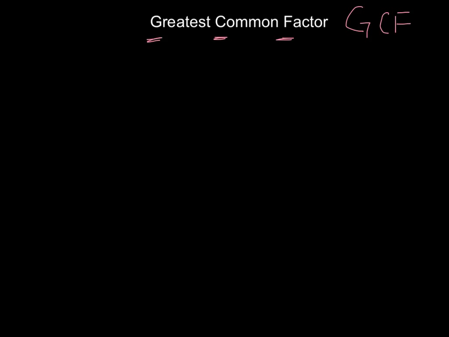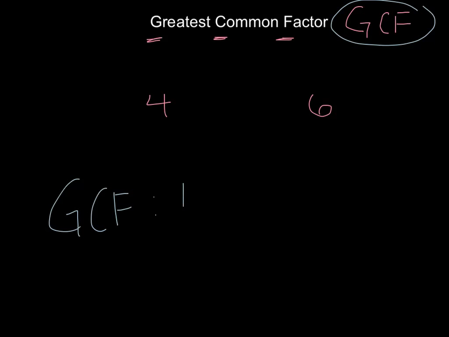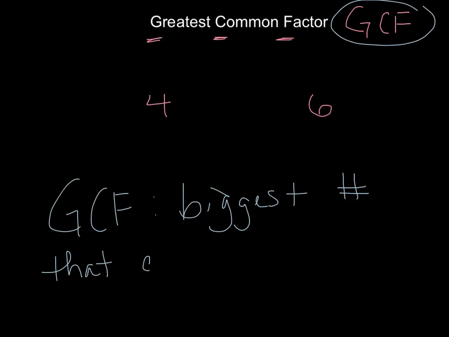So let's take an example. If I say 4 and 6 are my two numbers, I'm going to ask myself, what is the GCF? When I'm looking for the GCF, I'm looking for the biggest number that goes into two or more numbers.